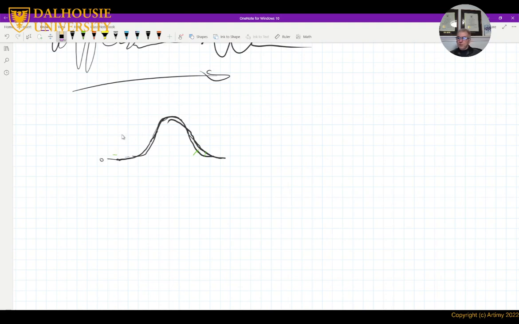And you saw this before: when you have a sinusoid with a frequency of, let's say, 1 kilohertz, this is represented by one line in the spectrum, and that's 1 kilohertz.